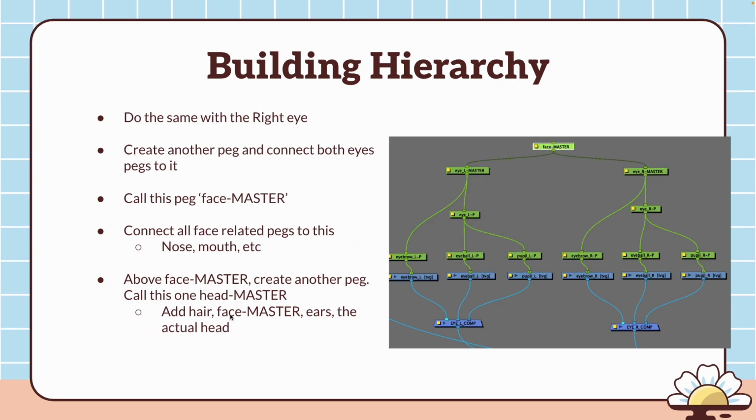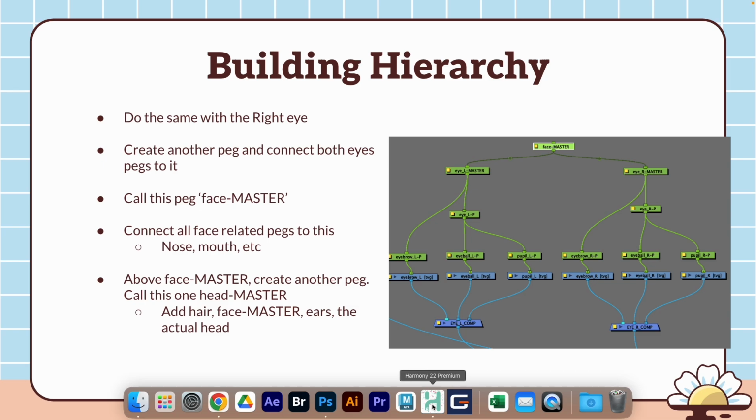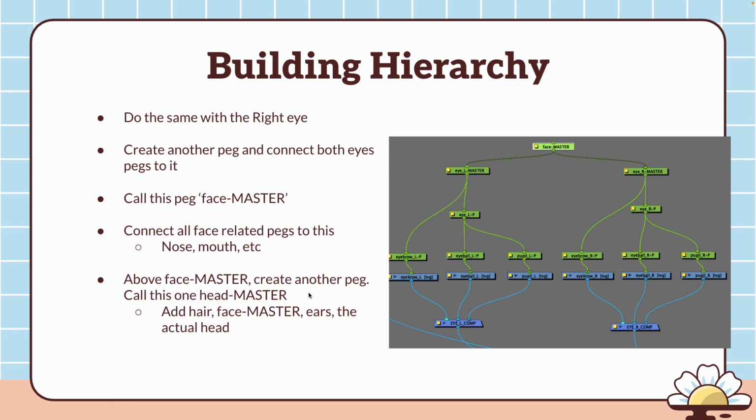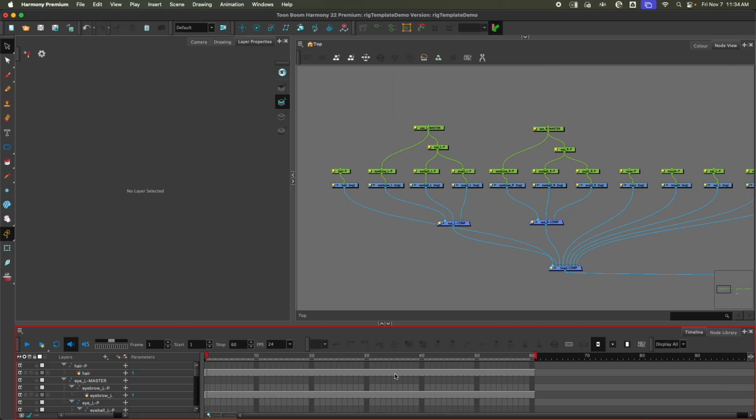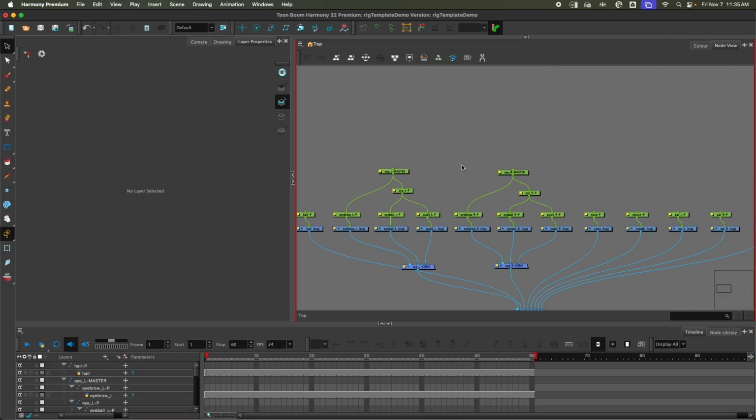I'm going to make a new one called Face Master. And then aside from the eyes, I'm going to add the other facial stuff. So that's just going to be the nose and the mouth probably for this time. And I think the ears. So we'll see. Hold on. All right.